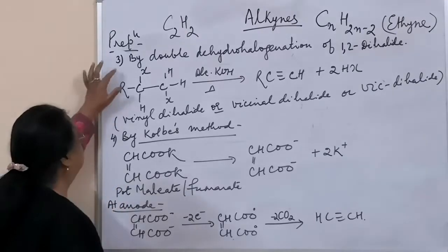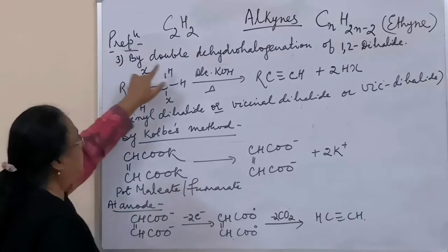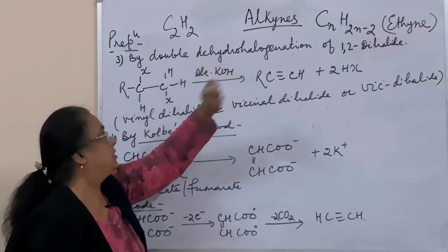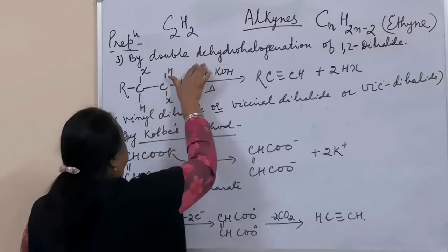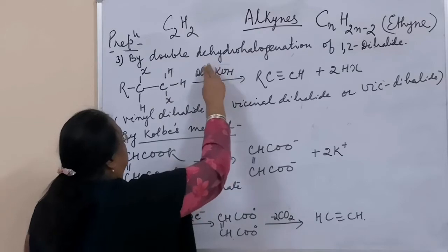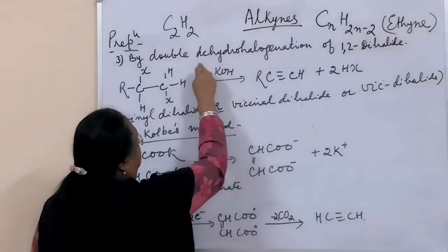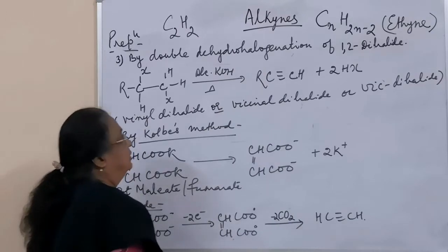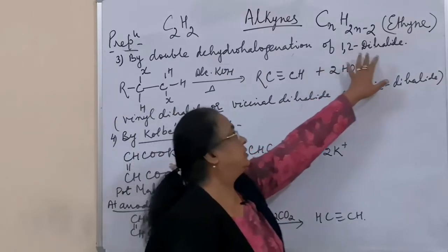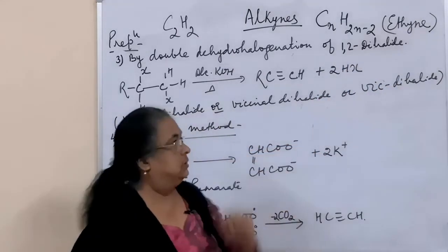Now the third method, by double dehydrogenation. Double dehydrogenation means 2 times removal. Dehydrohalogenation is the removal of hydrogen and halogen from a vicinal dihalide.